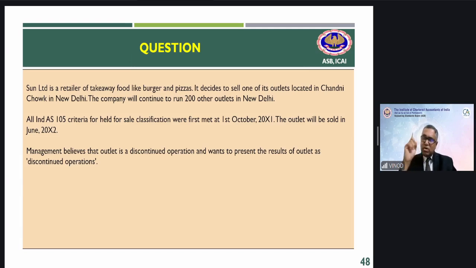The outlet has 200 burger shops in New Delhi. One outlet is sold. Is it non-current asset held for sale and discontinuing operations? That is the question. Out of 200 outlets, I sold one outlet in Delhi.